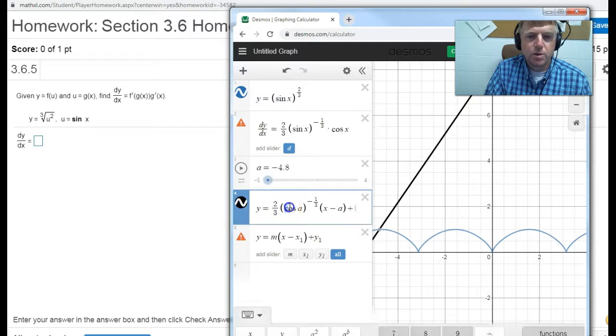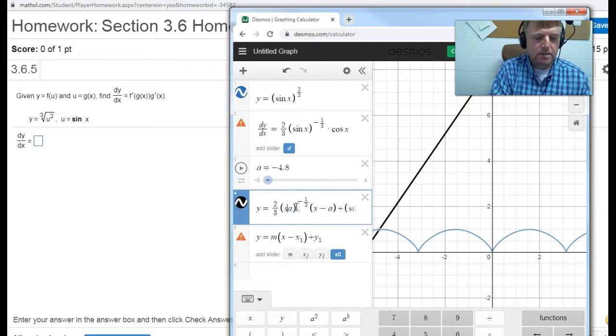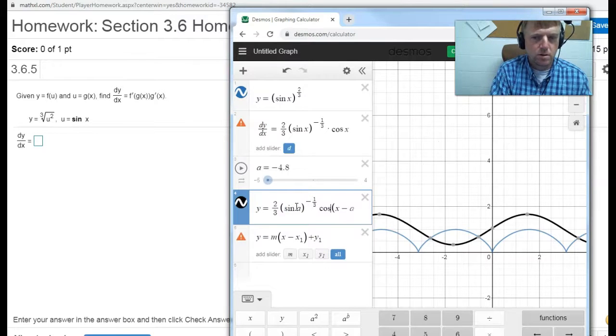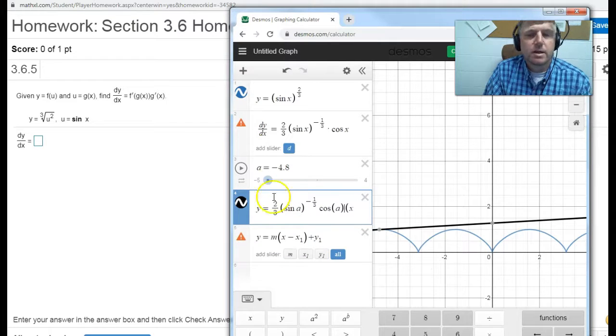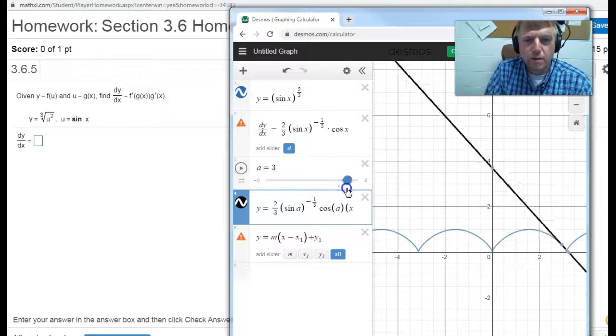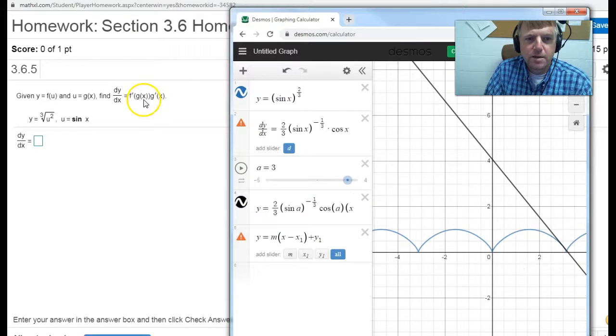Okay, so leave the inside alone, chain on the derivative, and now you've got your tangent lines. Okay, so that's the chain rule. We've got to leave the inside by itself alone, and then chain on the derivative of what was the inside function.